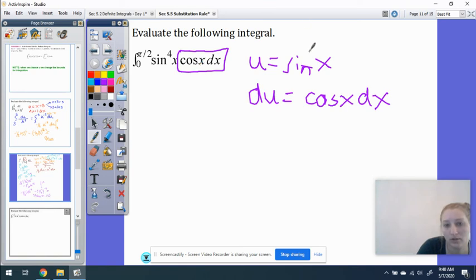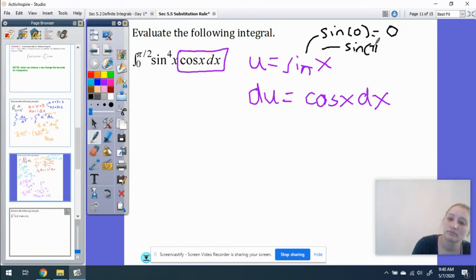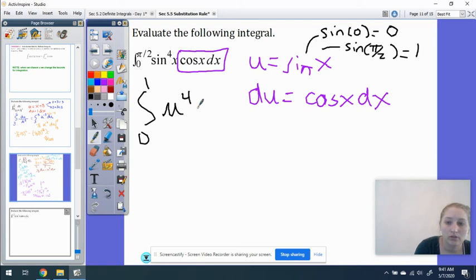So we need to substitute in sine of 0, which is 0, and sine of pi over 2, which is 1. Okay, so let's write this. 0, 1, u to the 4th du. Okay, so add 1, so we get u to the 5th.